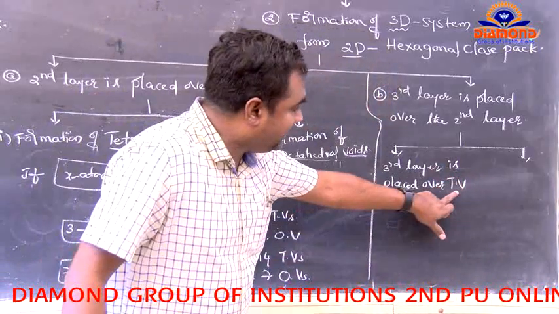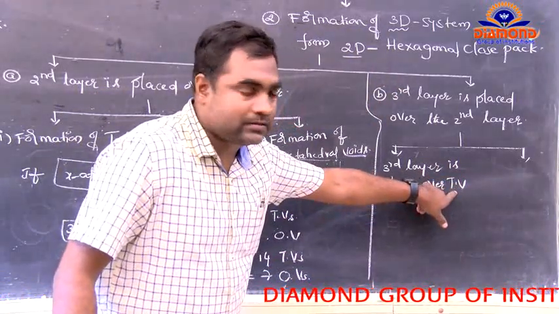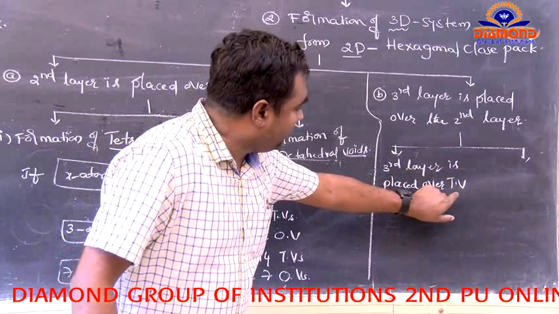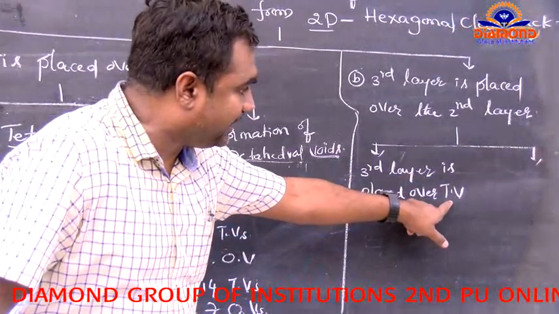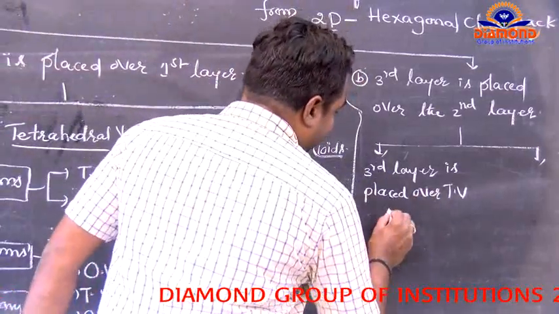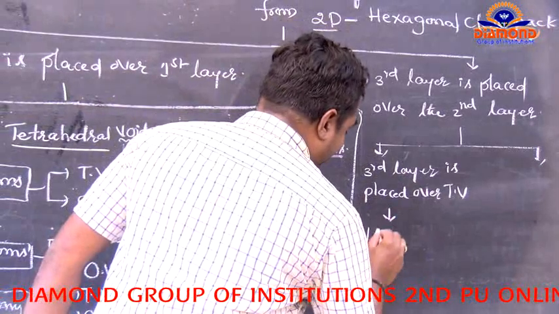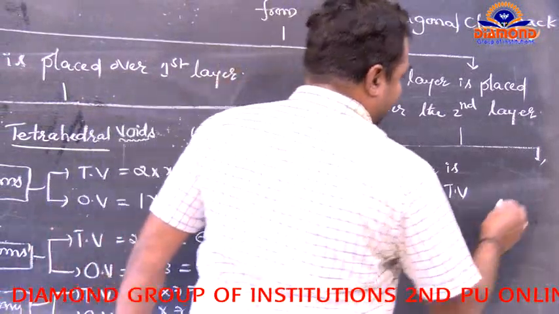What is the meaning of TV? TV means tetrahedral voids. The third layer is placed over the TV, then we can get the HCP, hexagonal close packed structure.